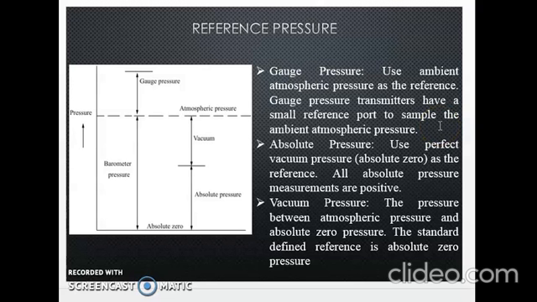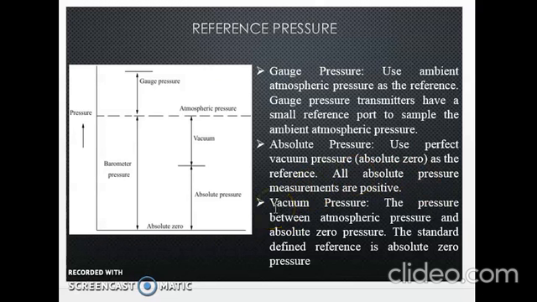The second reference pressure used in industry is the absolute pressure. In absolute pressure, we use the perfect vacuum, that is the absolute zero, as shown in this figure at the bottom line. All absolute pressure measurements are usually positive.